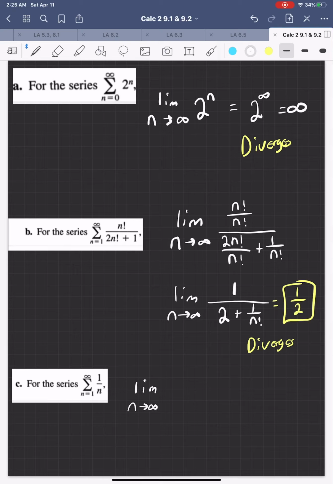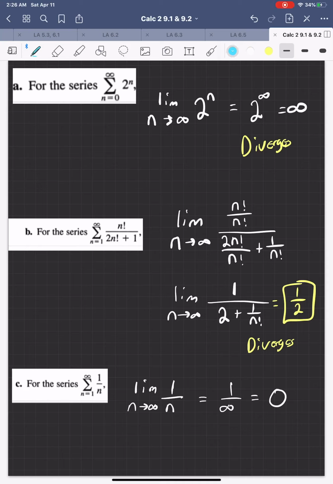So if we take the limit as n approaches infinity of 1 over n, well, that's just, if you got $1 and you chop it up an infinite amount of ways, nobody gets anything. So this equals 0. So if the limit as n approaches infinity does not equal 0, then it diverges. Well, hey, this equals 0. So what do we get to say about this?